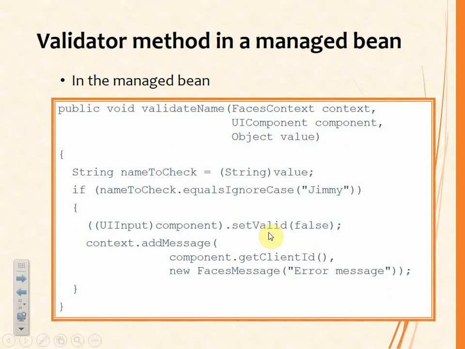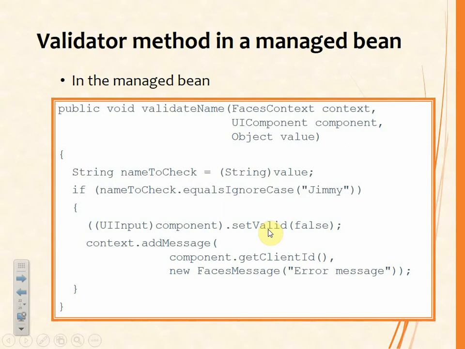So let's take a look at this in a bit more detail. The component that arrives as a parameter is the UI component in the facelet. It will have an ID. That ID attribute, or the value of that ID attribute, will come in as part of this object here. We can then convert that and call setValid, passing in false as the value.